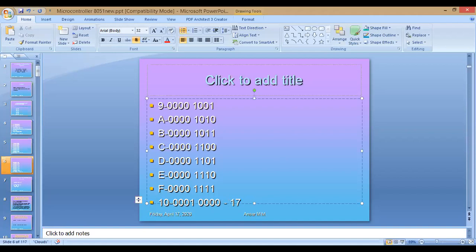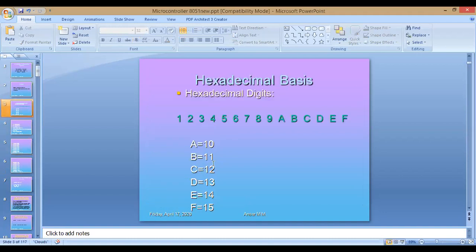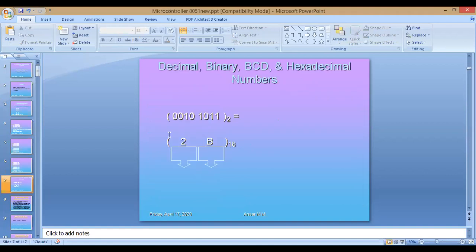So we can easily convert a binary number into a hexadecimal number. How? Suppose this is an 8-bit binary number.